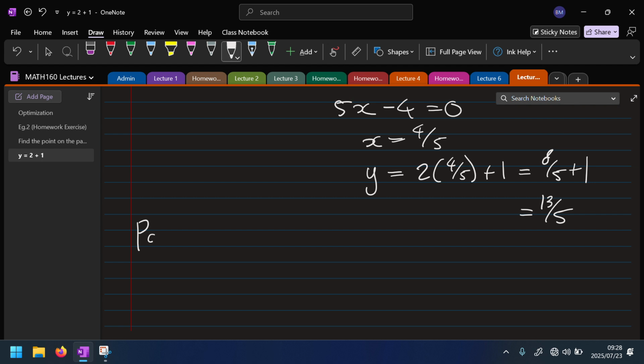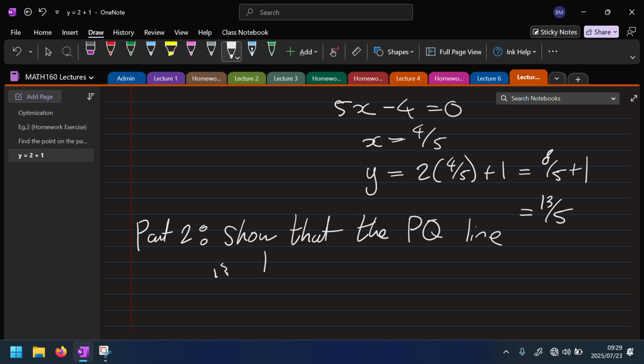So part 2. Show that the PQ line is perpendicular to the straight line. So we need to find the equation of the line.